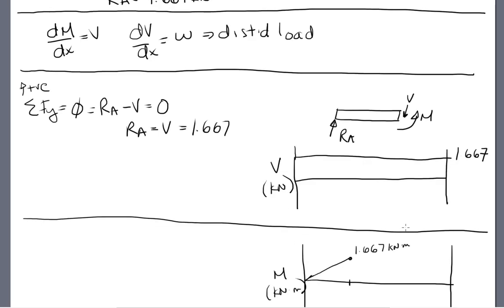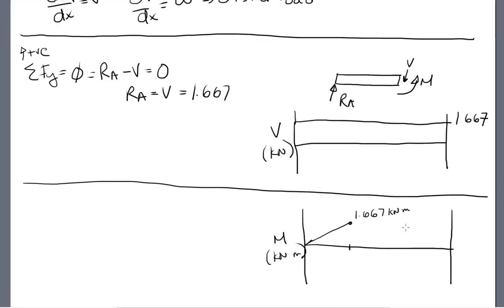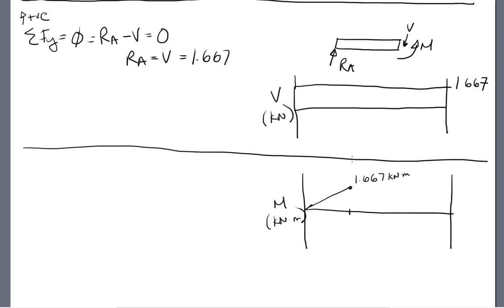Now what happens when you have this applied load? You're going to get a discontinuity, but is it going to cause the moment to go up or down? Let's think about this again for a second. We're going to draw an FBD here again. We're going to have our RA, which is 1.667. We solve for our shear.